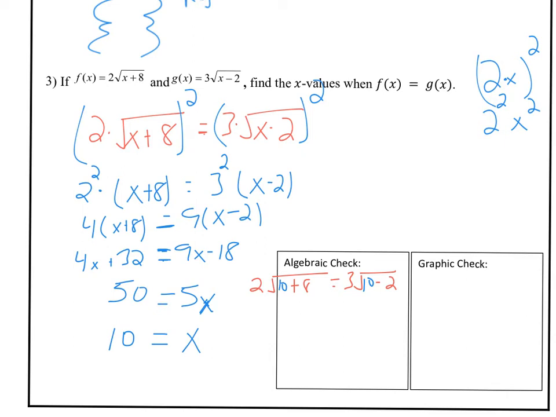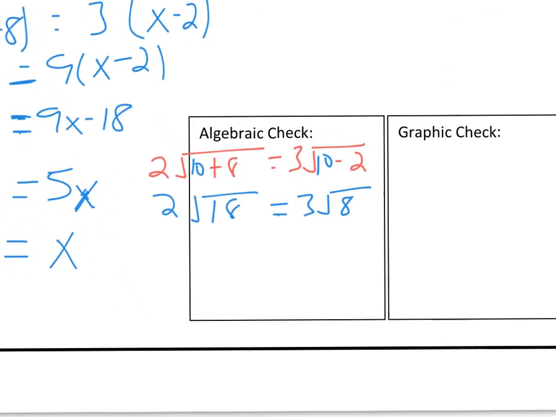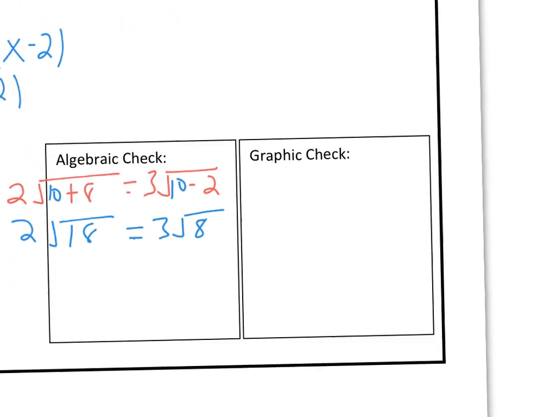Okay, so we get 2 square root of 18 equals 3 square root of 8. Does that look like it's equivalent? Well, maybe we should check the graphic check and see if we did something wrong there. Maybe we did, and we should just do the graphic check. So I'll throw the graphic check over here.